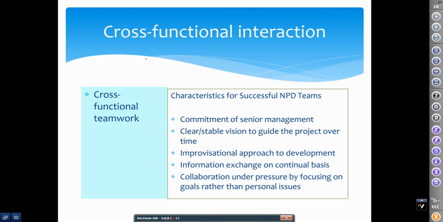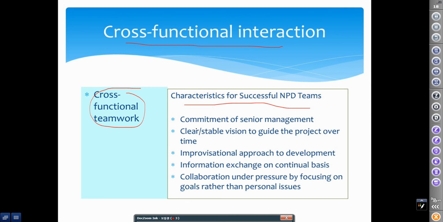What about the cross-functional interaction? Because it's also very important for the effective customer-oriented strategy. It means that inside this cross-functional interaction, we can find the cross-functional teamwork. What it means? Here you can find the characteristics for successful new product development teams.